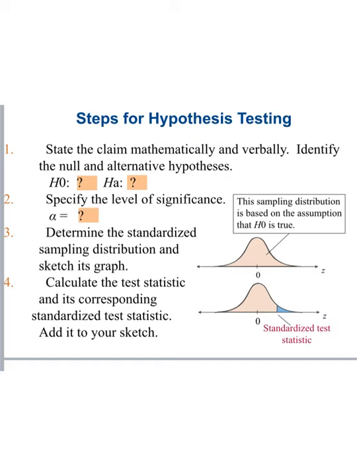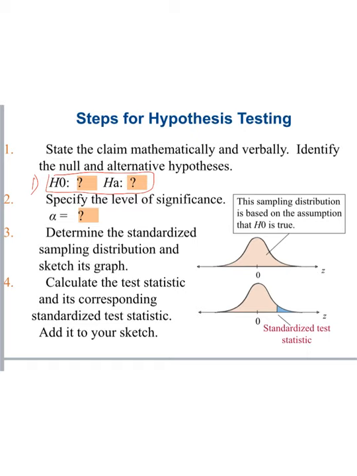So here's step number 1. You read the problem, you identify the claim, and you write it as a mathematical statement, both mathematically and verbally. In other words, you read the word problem, identify the claim, interpret it in a mathematical statement, and record the null hypothesis and alternative hypothesis.